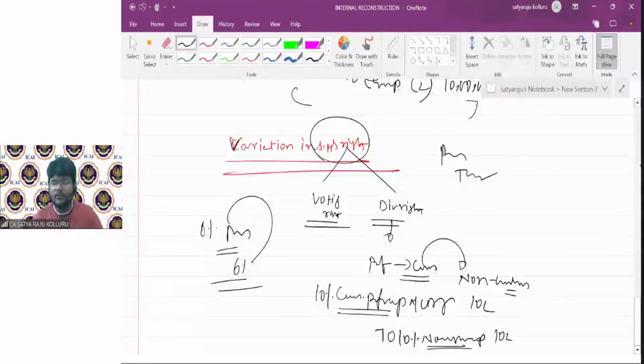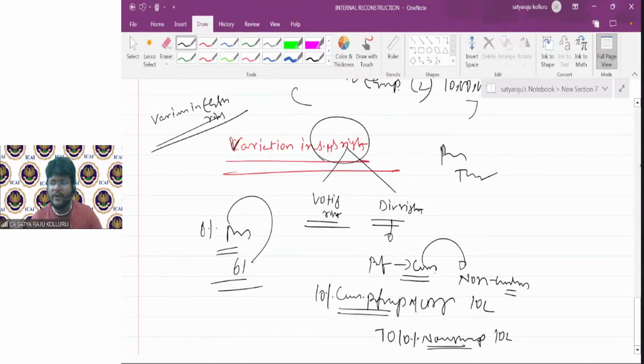Then you may ask one question, sir, is there a possibility of variation in equity shareholders' right as well? All examples until now are related to preference shareholders. Now I am asking, is there any variation in equity shareholders' right? Is it possible? First of all, I'm asking one question to all of you.